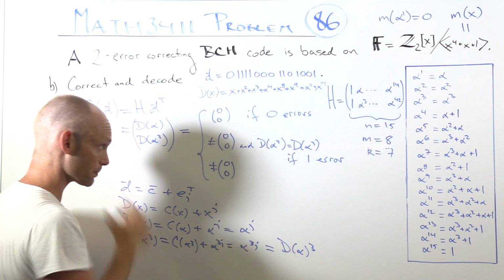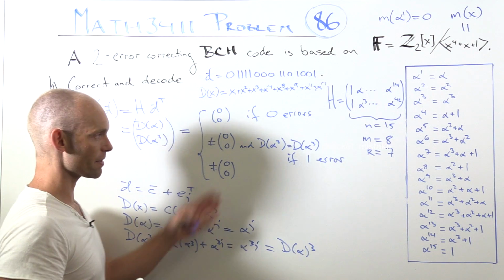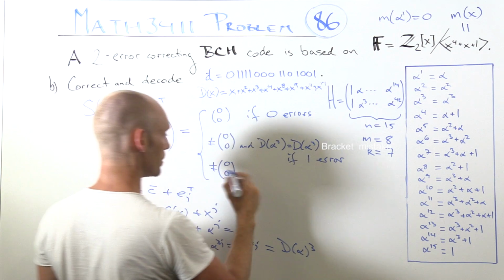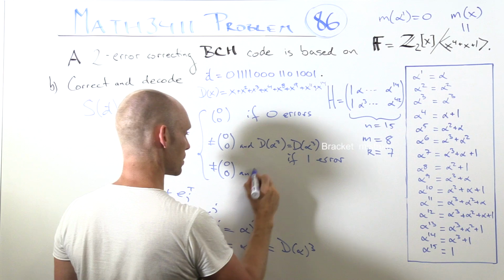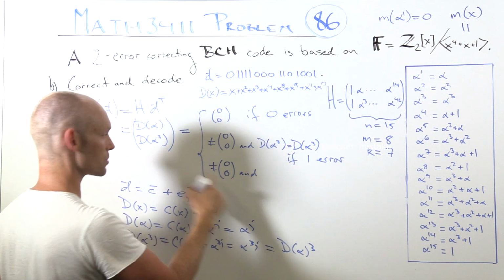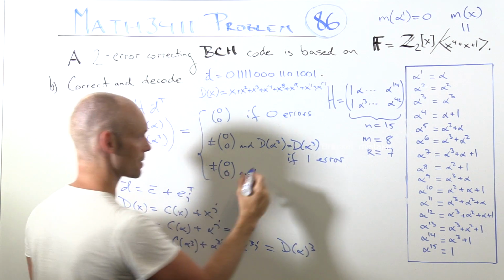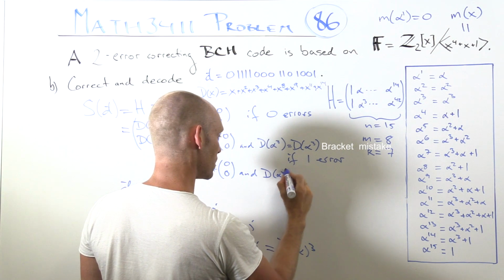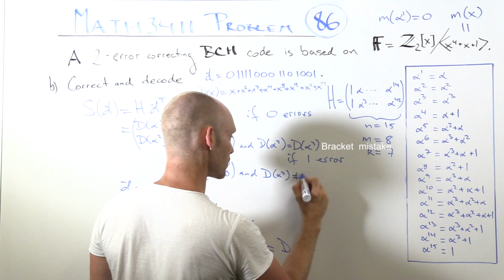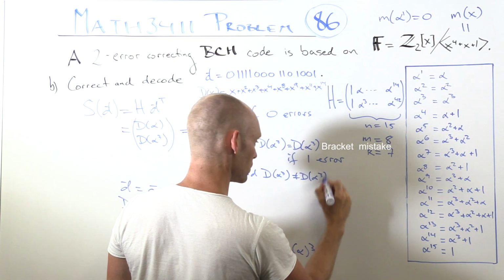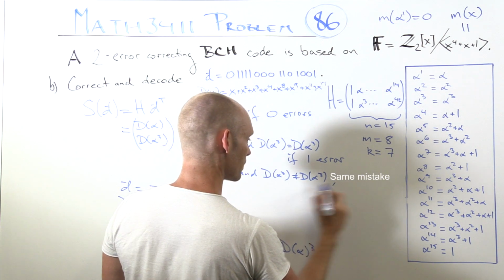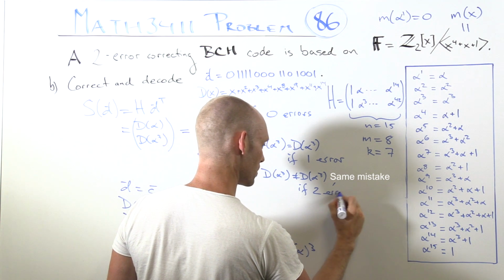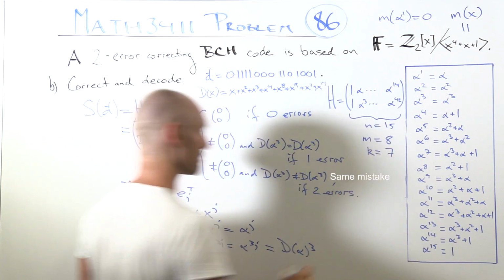Now, if we on the other hand don't have this situation or this situation, in other words, if we don't have that the syndrome is 0, 0, and we don't have that this is true either, so we've got d of alpha cubed is not equal to d of alpha, cubed, then we have exactly the case in which there are two errors.